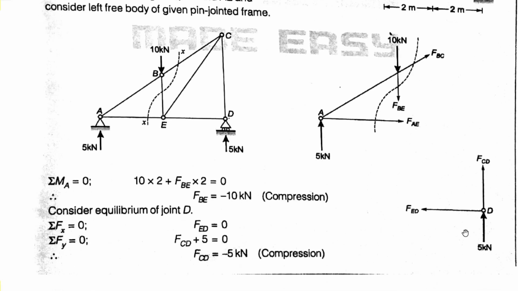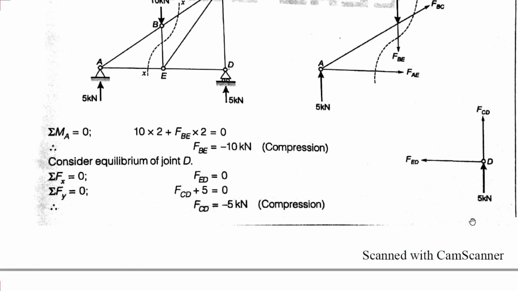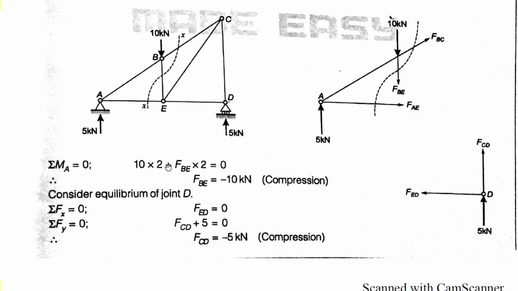Considering the free body diagram of joint D, summation of Fx is equal to 0 means FED value is 0, because we do not have any forces in the x direction except our FED, so FED is equal to 0. For summation of Fy is equal to 0, FCD plus 5 is equal to 0 means FCD is equal to minus 5 kilonewton. So FCD is equal to minus 5 kilonewton, and FBE is equal to minus 10 kilonewton.